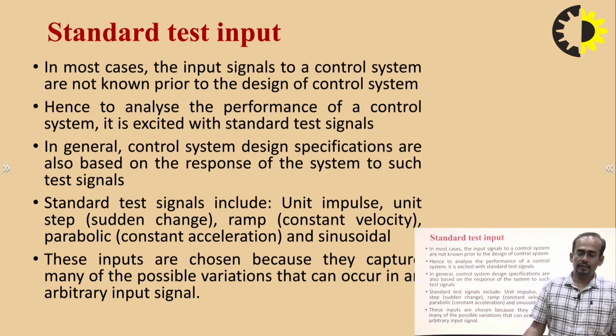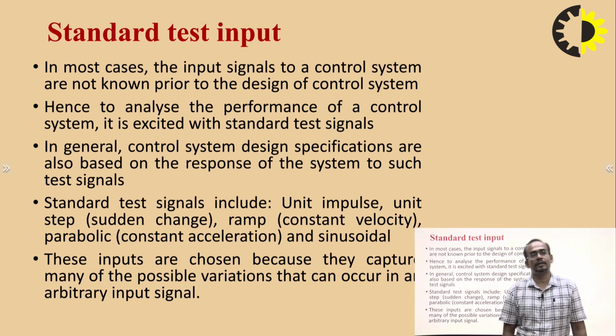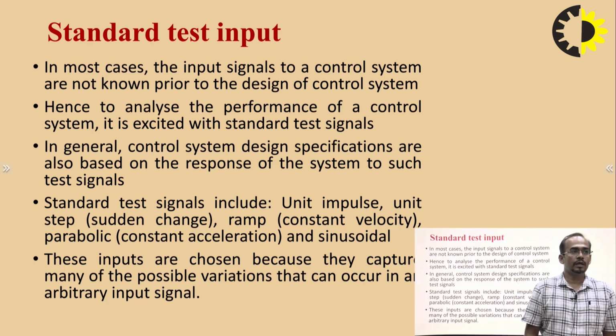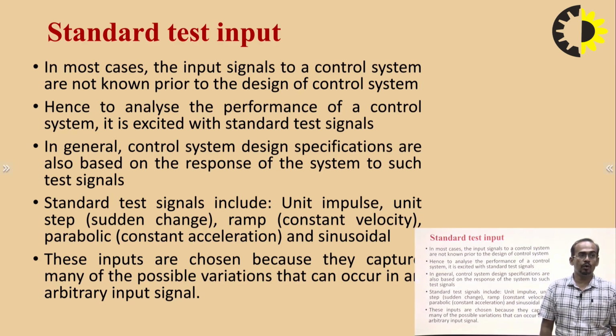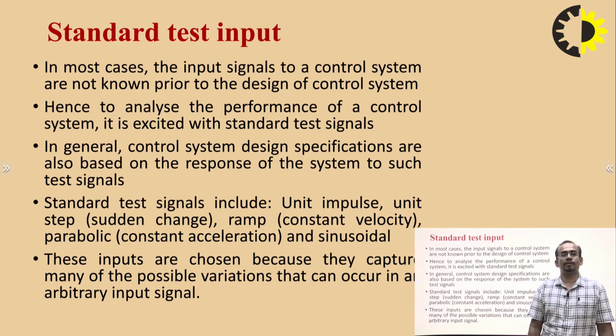Before discussing the time response of the system, we should know the standard test inputs. In most cases, the input signals to a control system are well known prior to the design of the control system. Hence, to analyze the performance of a control system, it is excited with standard test signals.